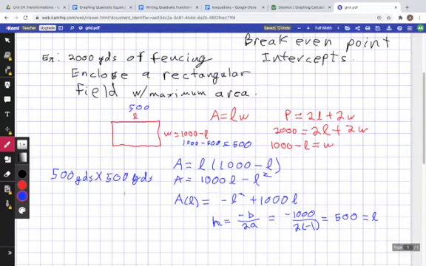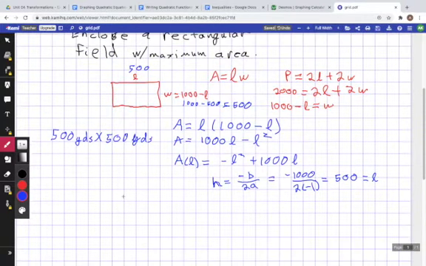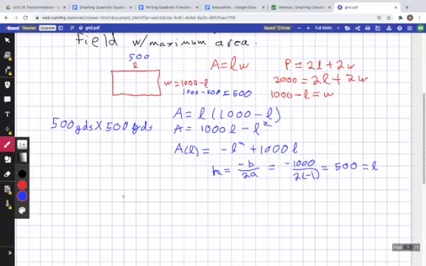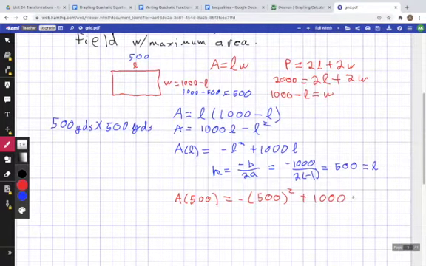If we wanted to know what the maximum area is, instead of just what the dimensions are, we can take this 500 and plug it into our area formula. So area with respect to 500 is going to equal negative 500 squared plus 1,000 times 500. Okay.